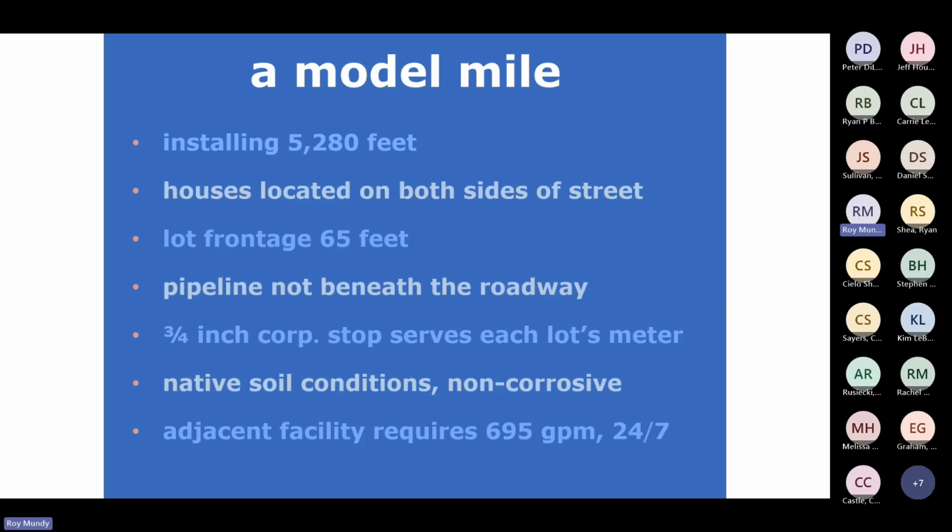So we incorporated an adjacent facility to this pipeline, which would assume a 695 gallon per minute usage 24/7, because many of these subdivisions are on the outside of the system, and of course that's where these facilities are located as well.